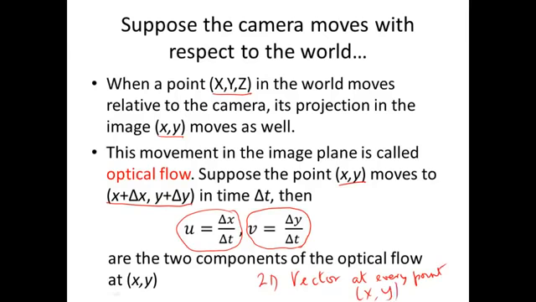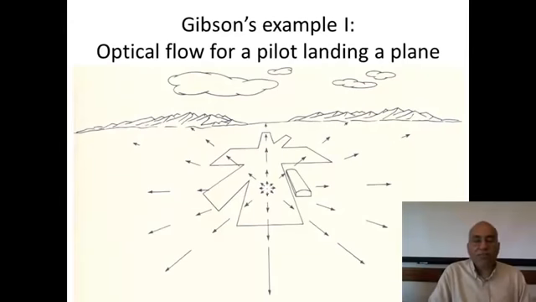So let's take an example. The example that I'm showing here is due to J.J. Gibson. Gibson was a psychologist who emphasized the importance of optical flow for visual perception. So in this diagram, what you see is the optical flow for a pilot landing a plane. When a pilot is trying to land the plane, let's say this is where he's going to land, and what you see here is the runway. What the pilot will see as he or she approaches the runway is that the various points on the ground will appear as if they are streaming out.